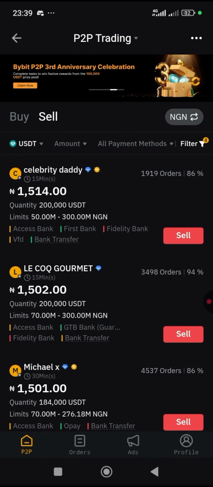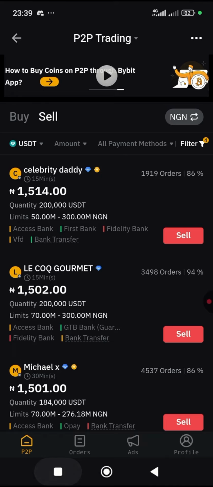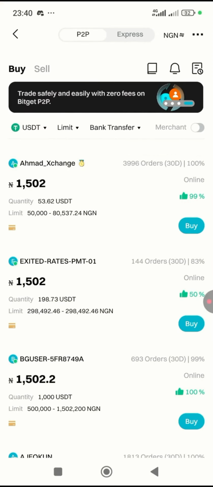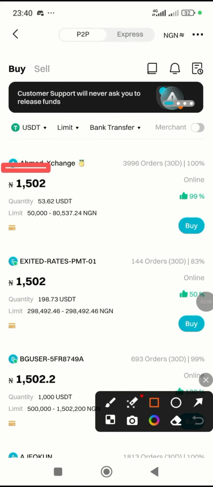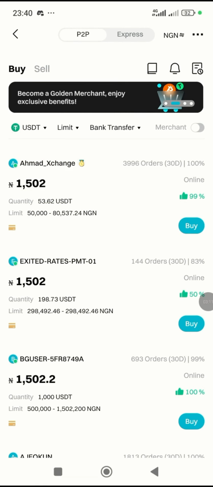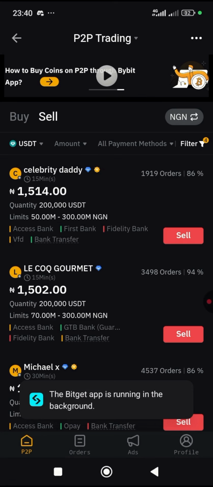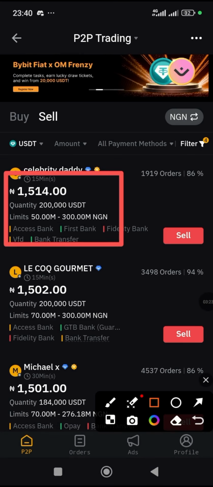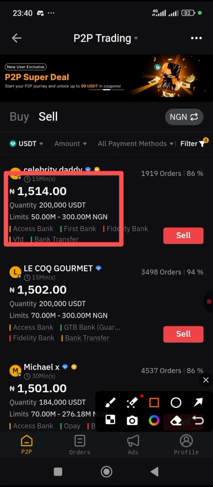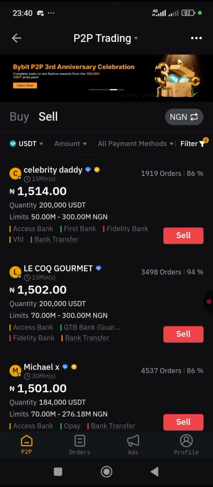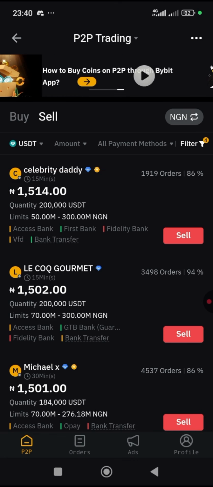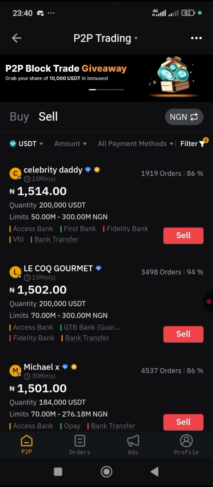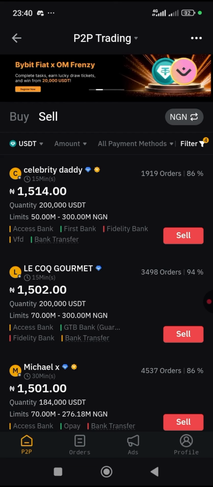We could fill this order by coming to Bitget to buy at this particular price, then transfer the funds here and sell at 1,514. This person has a lot of orders to fill, around 200,000 USDT. So you can continue to do this over and over again, sell to this guy, and cash out thousands of money. In fact, you can do it in a day.